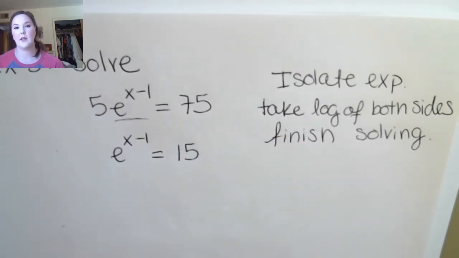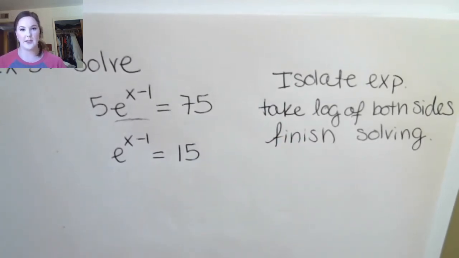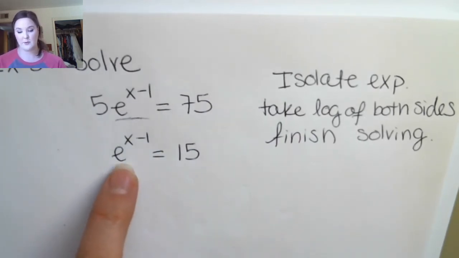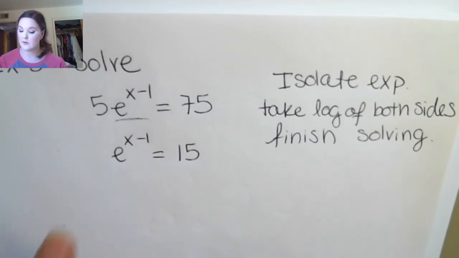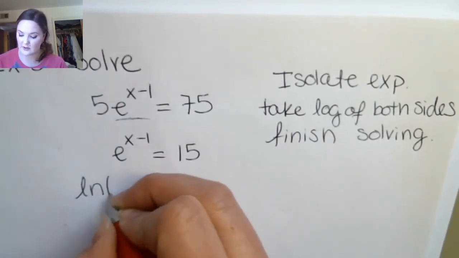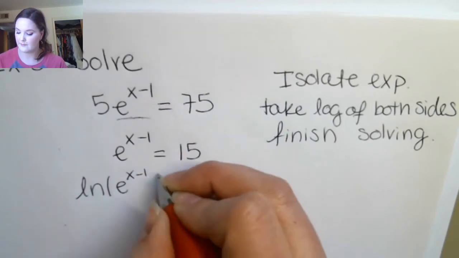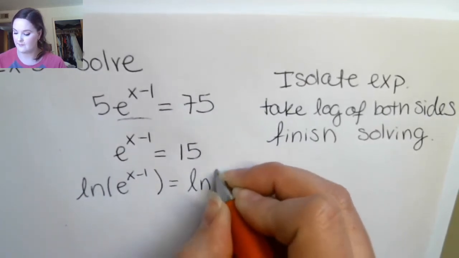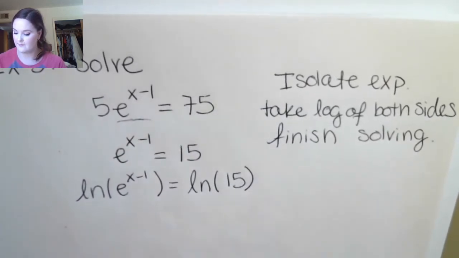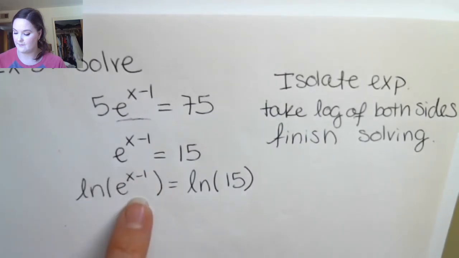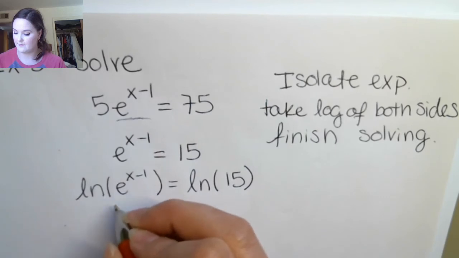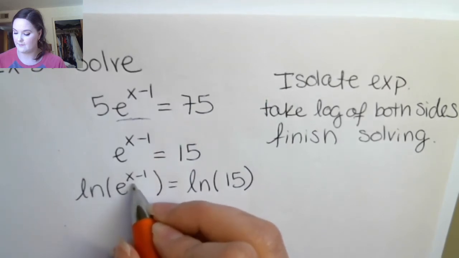Okay. Now I need to take the log of both sides, right? Like when we talked about this before. But what base should I use? Well, you want to use this base. Okay, so we're going to use log base e, which is the natural log. This is from our very first example. If you have e to the x minus 1, this is asking you what exponent gives you e to the x minus 1.